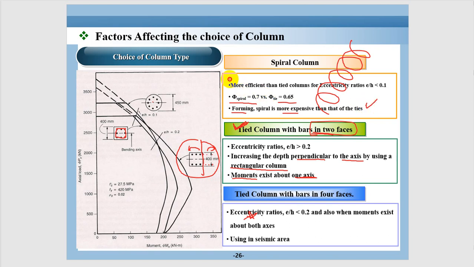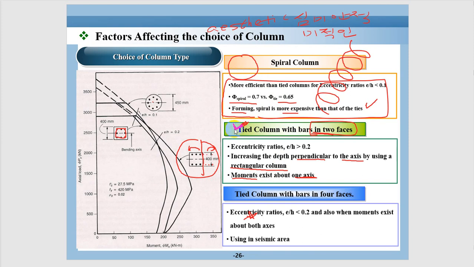But a lot of architects love to use spiral columns or circular columns because they look good in some cases from the aesthetic point of view of the design. What is aesthetic? Okay, aesthetic means 심미적인, 미적인. So the architects love the circular column for aesthetic reasons, but this is expensive, as you know.